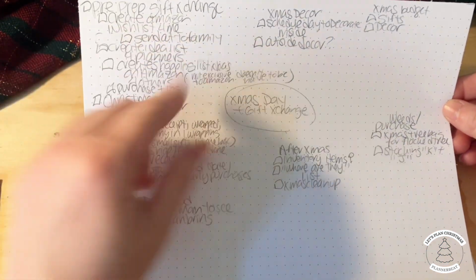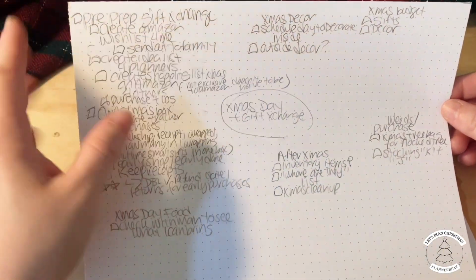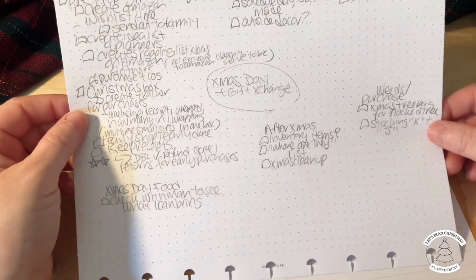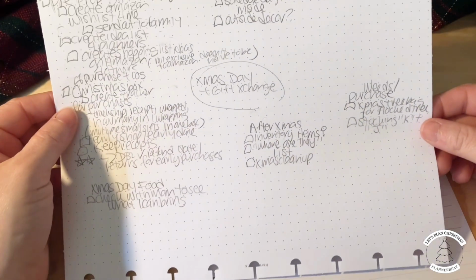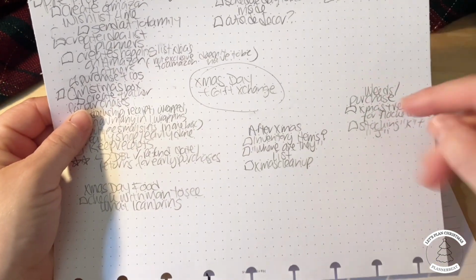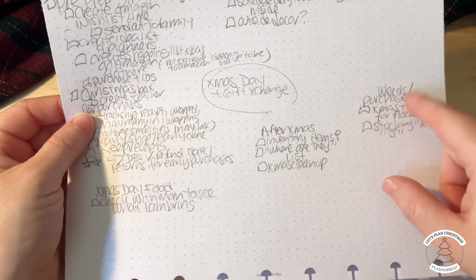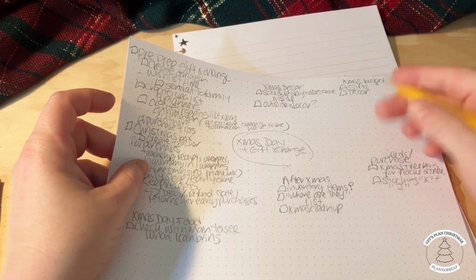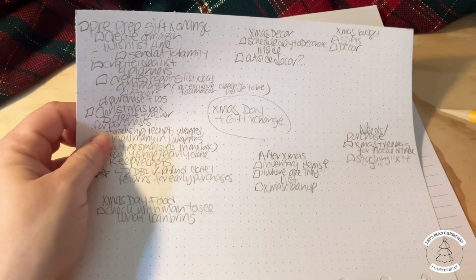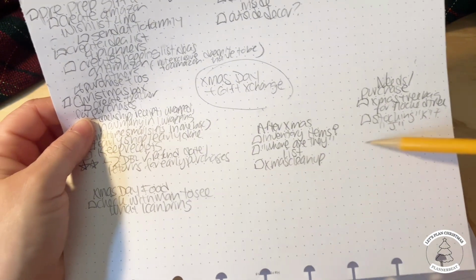You do whatever works for you, because your book is going to be working for you and how your situation goes. And then here's this. Needs / purchase. My N looked like a W. And then here's where the Christmas tree bag goes, and the stockings.